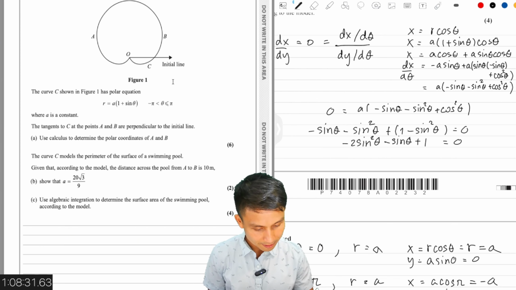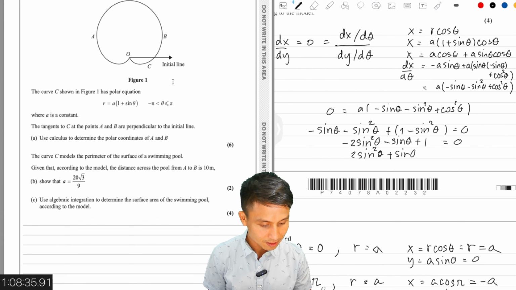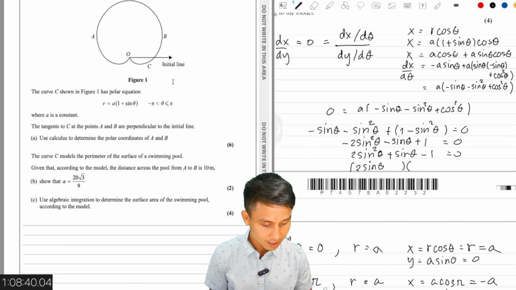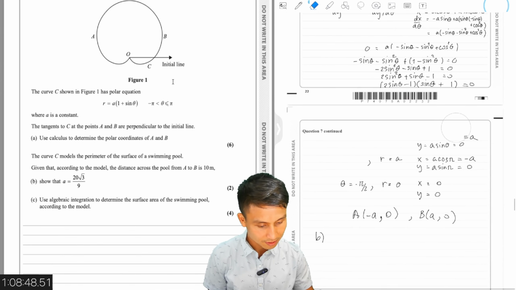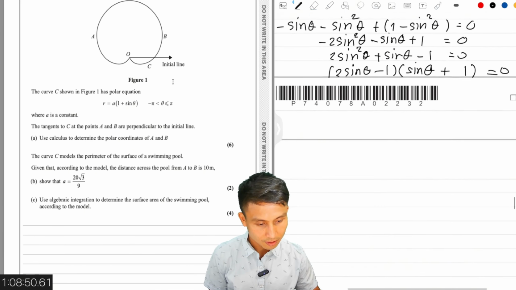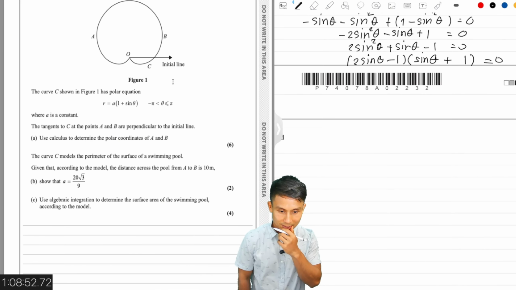And then, so it's 2 sine squared theta plus sine theta minus 1 equals 0. So hopefully I can factorize that. So it's just 1 and 1. So it's a plus here and a minus here maybe. And this whole thing collapsing. So yeah, is that right?